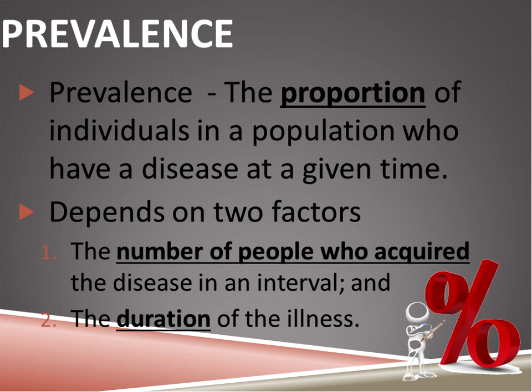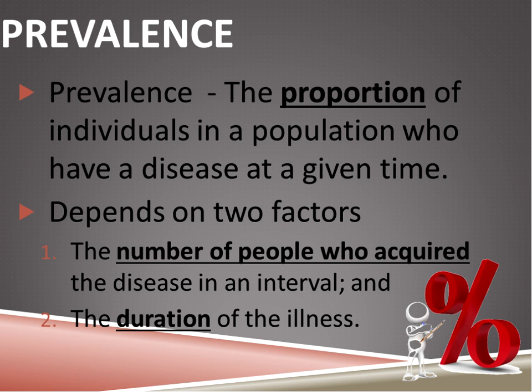All right, we're going to talk about the terms of prevalence and the terms of incidence. Prevalence is the proportion of individuals in a population who have a disease at a specific point in time. And it depends on two things: the number of people who get the disease and the duration of the illness.